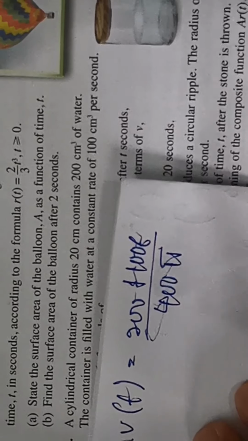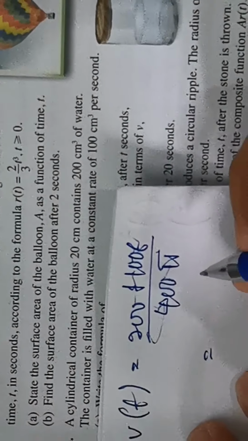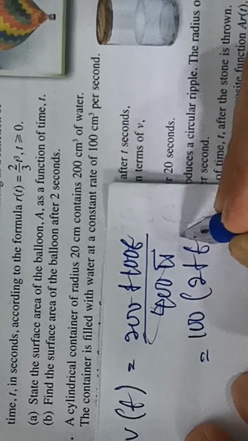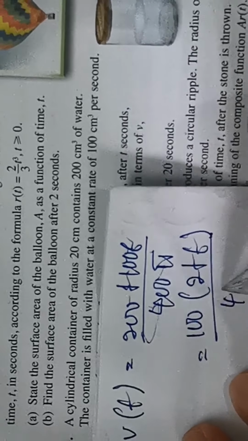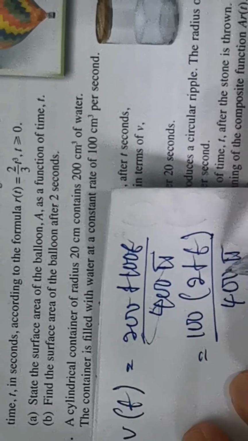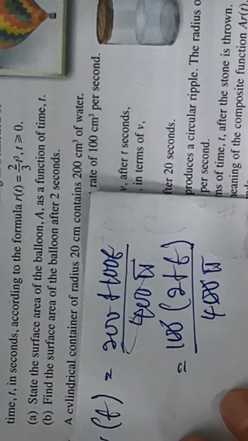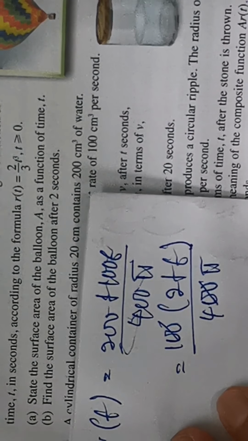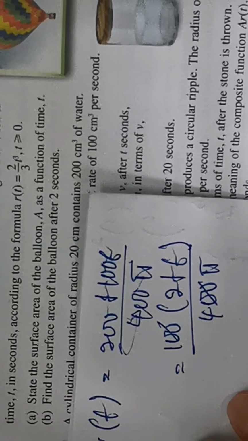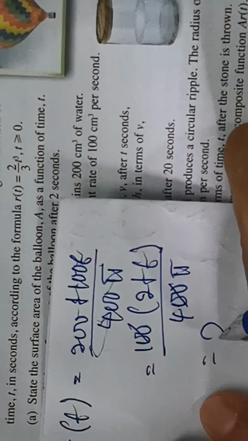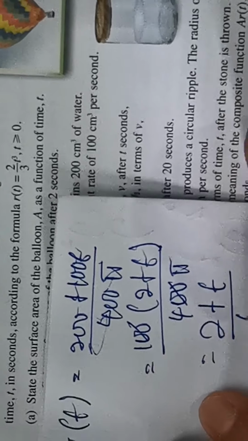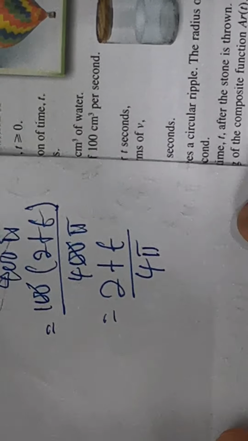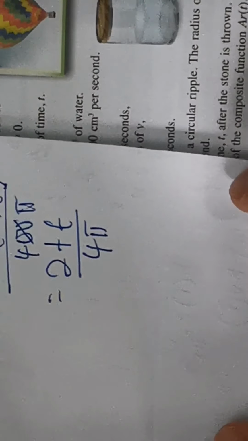After that we simplify, factorize the top: 100 times 2 plus t over 400 pi. We cut 100 over 400, so the answer becomes 2 plus t over 4 pi. Okay, that's all for the function.